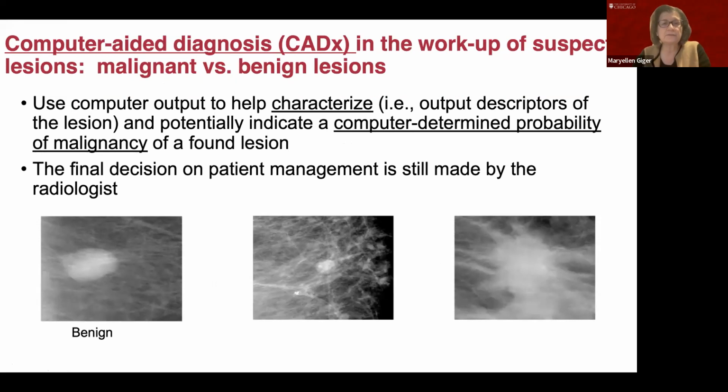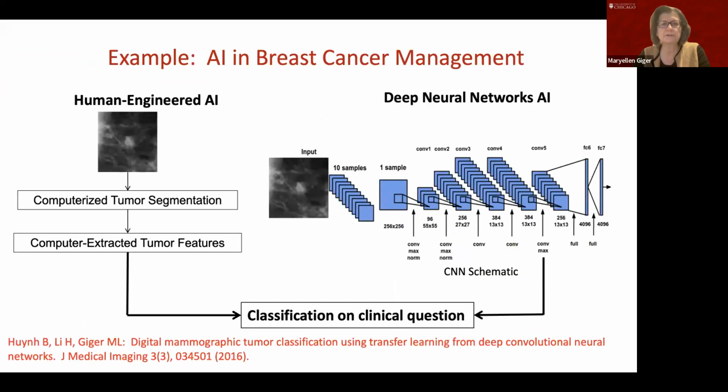The final decision on patient management would still be made by the radiologist. For example, here on this mammogram, this is a benign lesion on the left, a malignant one on the right. The middle one's more confusing, that in fact is a cancer. So here it's not detecting, but characterizing the lesion.